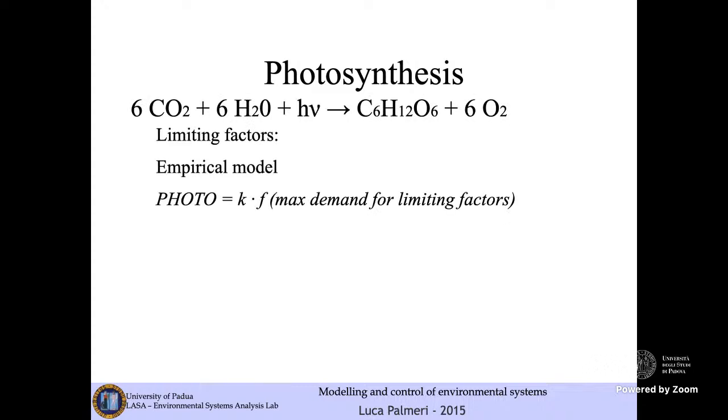What are the limiting factors? We employ some empirical model in order to evaluate what the limiting factors of the photosynthetic process are. So we may write that the photosynthetic production is equal to a constant K multiplied by a function that describes the limiting effect of the various parameters, for example, the maximum demand for limiting factors.